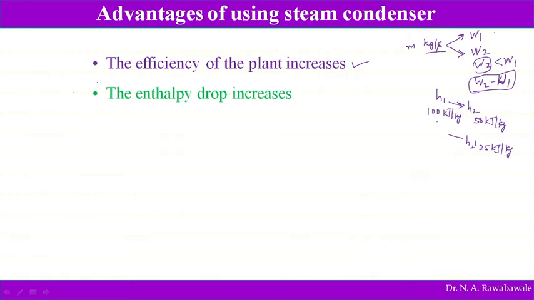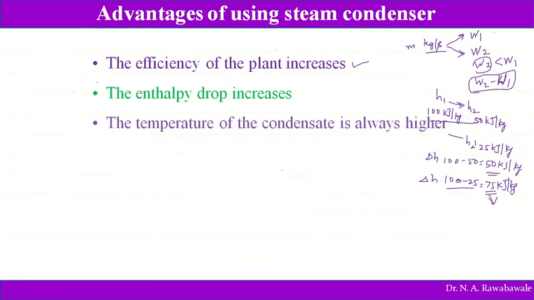In the first case the difference is 100 minus 50, which is 50 kilojoules per kg of energy converted into useful work. In the second case, 100 minus 25, the difference is 75 kilojoules per kg. So 75 kilojoules of heat energy is converted into useful work. So the enthalpy drop, delta H, increases.